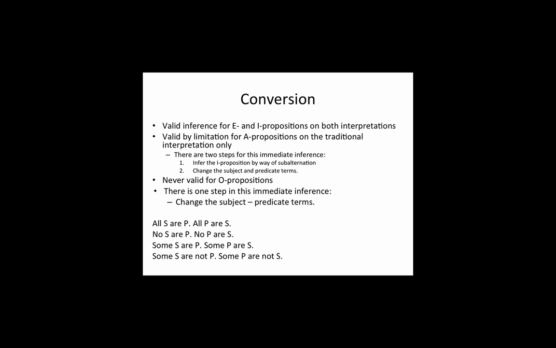So let's look at our converted propositions. First, the A proposition becomes all P are S. If you think of a couple of examples that are tangible, you should recognize why this inference is not legitimate. If I say all dogs are animals, and then I infer from that all animals are dogs, we come up with a false proposition.